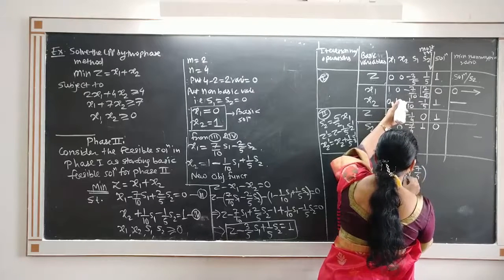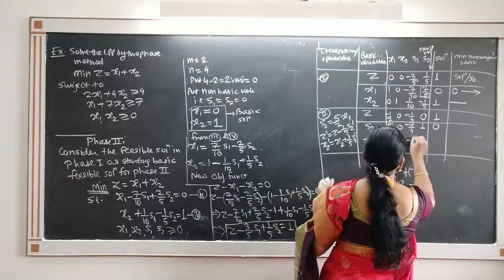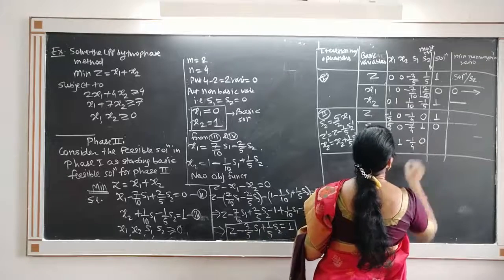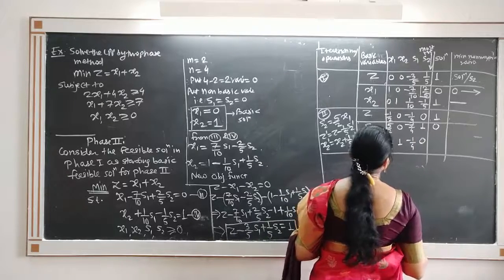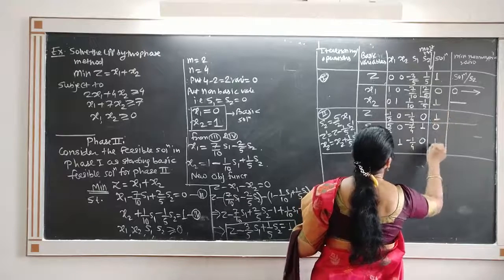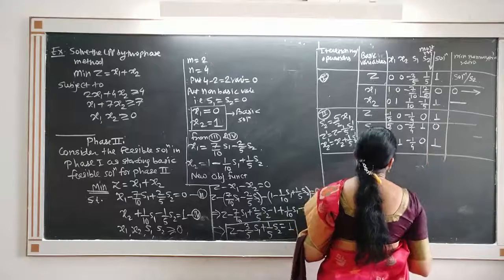So this becomes 2 minus 7 divided by 20, so minus 5 by 20, that is minus 1 by 4. Then minus 1 by 5 plus 1 by 5, 0, and 1 plus 1 by 5 times 0, that is 1.